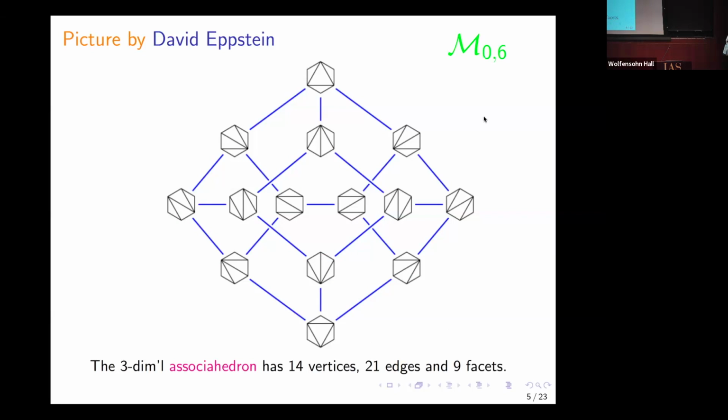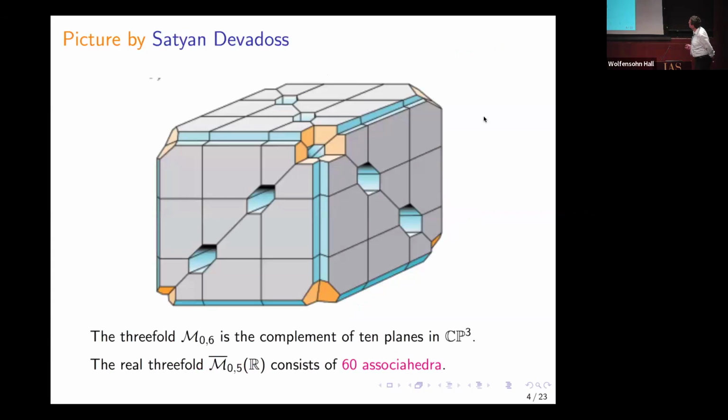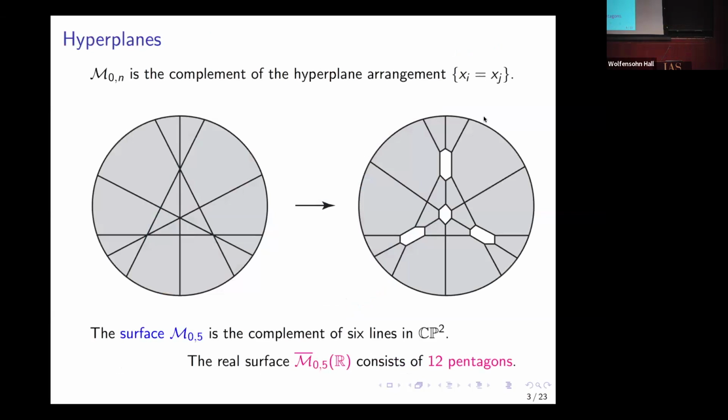The 14 vertices correspond to the 14 triangulations of a hexagon. The facets correspond to the diagonals, so these are the coarsest subdivisions. You take 60 copies of this, and you glue it together, and that makes this 3-dimensional space. And this is our space M06, and there's a typo, it should be M06 bar. This is the 3-dimensional version of this simpler 2-dimensional picture.